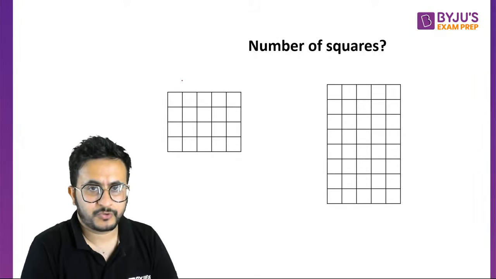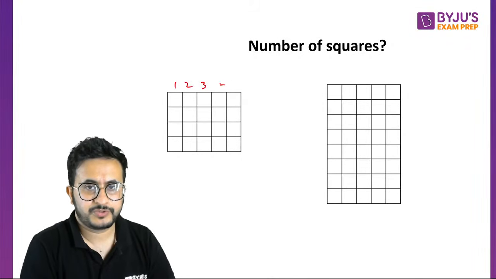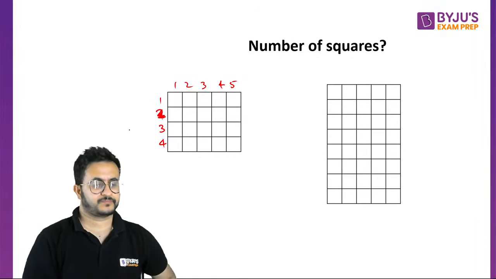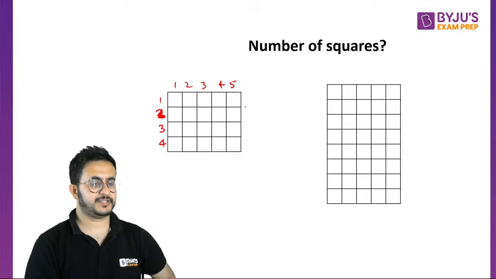Now here we have 1, 2, 3, 4, 5 columns, but there are 1, 2, 3 and 4 rows only. What is the number of squares in this?